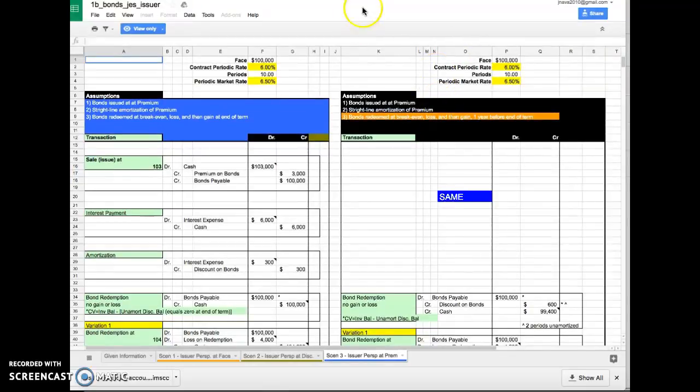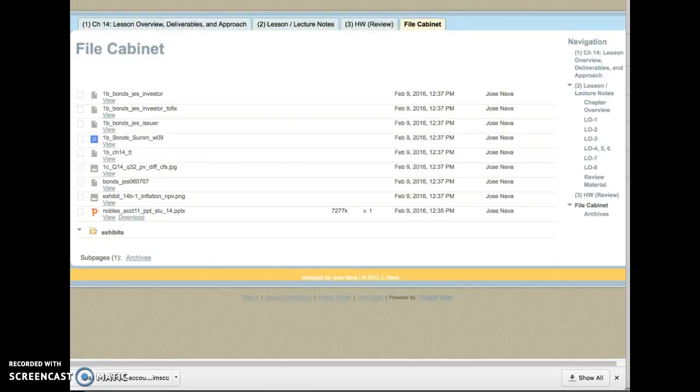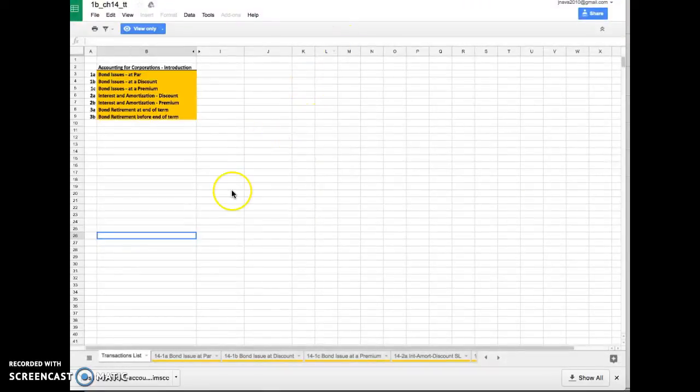The second handout that I would recommend that you look at is the 1b-sp2-ch14-TT, and so if you go there, it's similar to the other one, but it has a few more scenarios here.